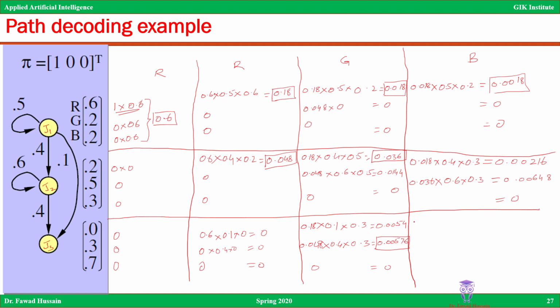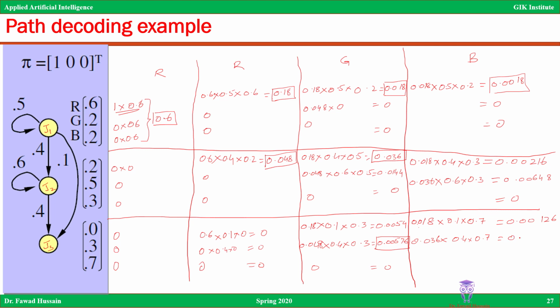So for the third case, let's look at this: 0.018 multiplied by 0.1 multiplied by, a blue here is 0.7, so multiplied by 0.7, this is 0.00126. If I come from the second jar, this is going to be 0.036 multiplied by 0.4 multiplied by 0.7.